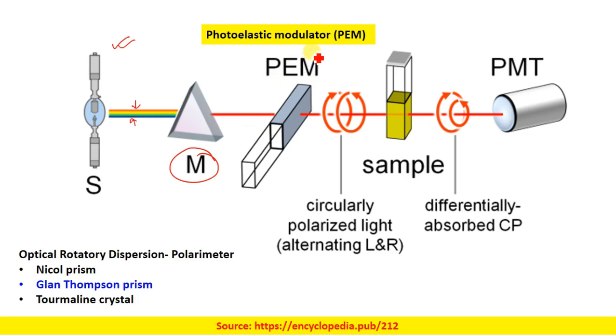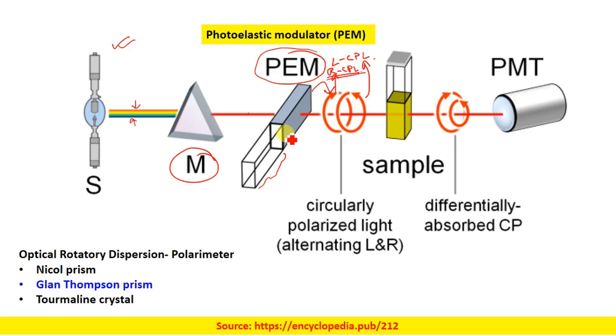Then we have a photoelastic modulator. There are two types of photoelastic modulator. One converts this monochromatic light into LCPL, and this one is RCPL: left-handed circularly polarized light and right-handed circularly polarized light.